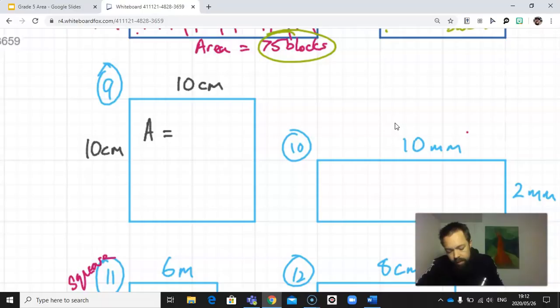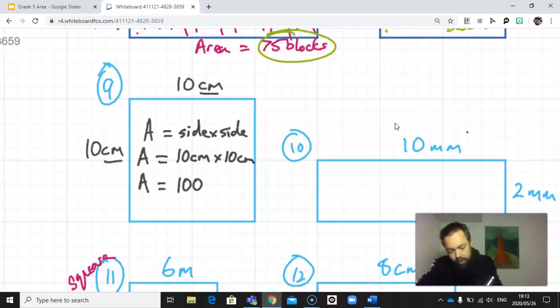Area is equal to side times side. Now where it says side, I'm going to write what the side is. Area is equal to 10 centimeters times 10 centimeters. Area is equal to 10 times 10 is 100. And because I've got centimeters, I'm going to write centimeters squared. Dun, dun, dun.